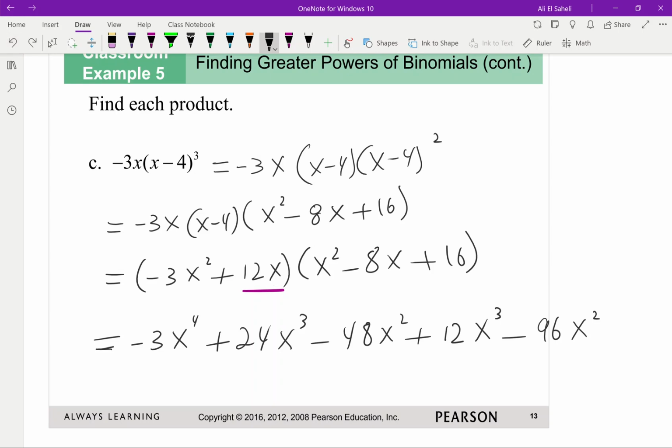And finally, 12x times 16. 12 times 16 is 192, plus 192x.